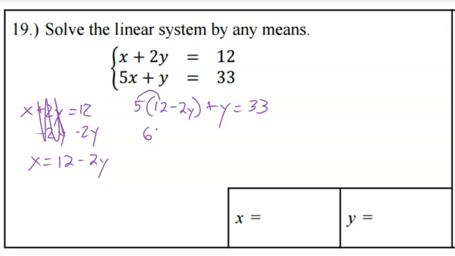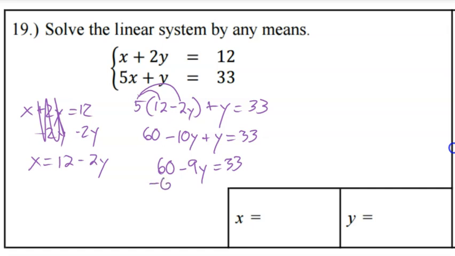Now I'm going to distribute the 5. 5 times 12 is 60. 5 times negative 2y is minus 10y, plus y equals 33. Negative 10y plus y becomes negative 9y. So we'll have 60 minus 9y equals 33.